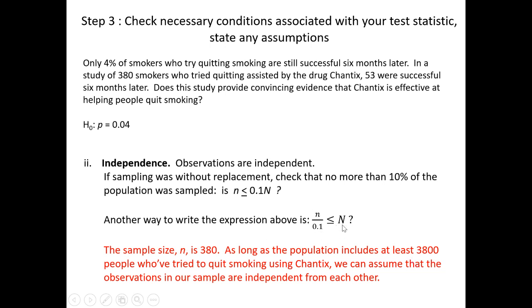So we want the population to be at least 3,800 people. Okay. Our sample consists of people who are trying to quit smoking using Chantix. So the corresponding population is all people who try to quit smoking using Chantix. As long as there's at least 3,800 of them, then we can assume independence. That's probably safe to say. This is a drug that is available nationwide.